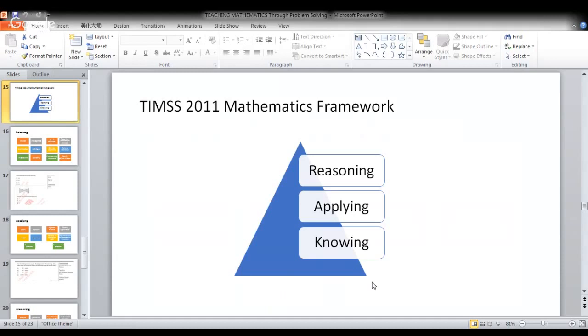Not only in 2011, until now, the TEAMS framework measures knowing, applying, and reasoning. Okay? So, with that, if we always address that in our classroom, it's very obvious that you will go with the two key skills of the curriculum, which are critical thinking and problem solving.